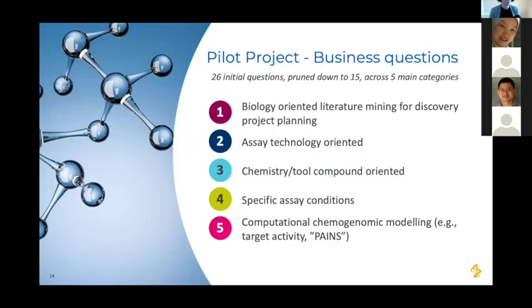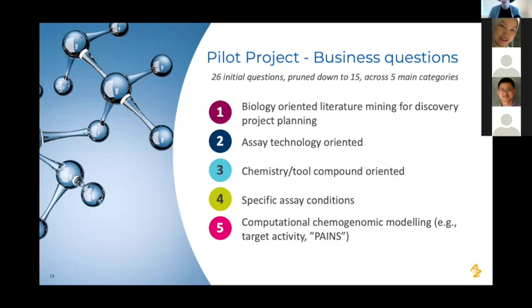And so, like good scientists who've listened to my soapbox spiel and have the same ideas, they wanted to come up with these business questions early on. They had 26 initial questions that they wanted to be able to answer by having this high quality public bioassay data annotated.